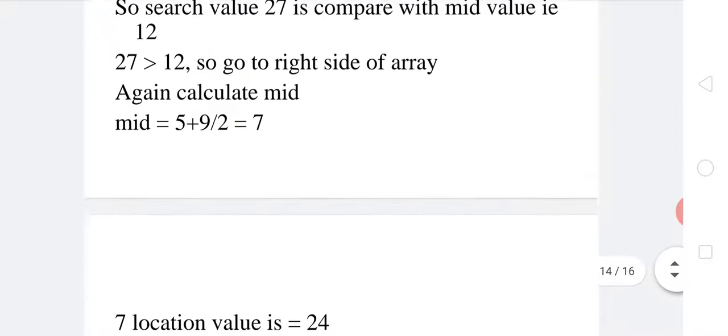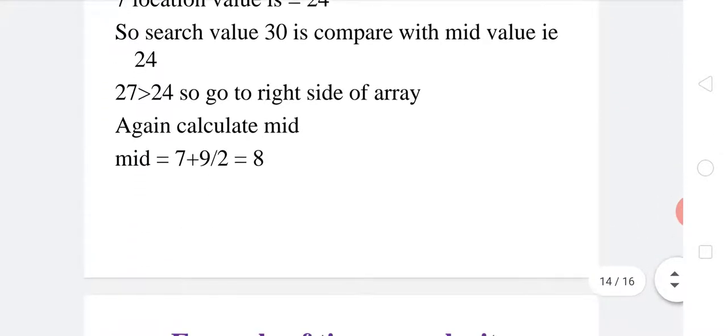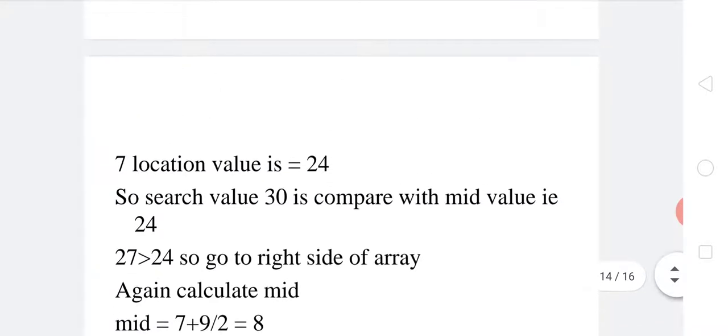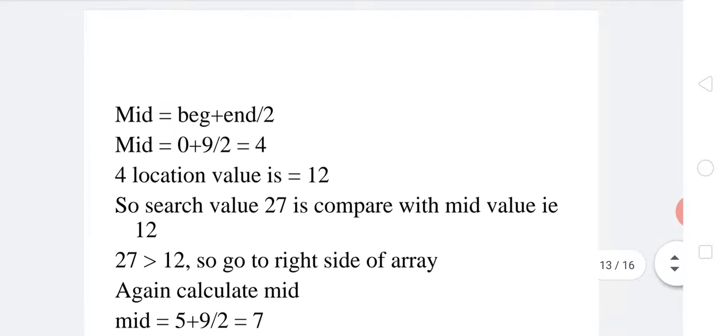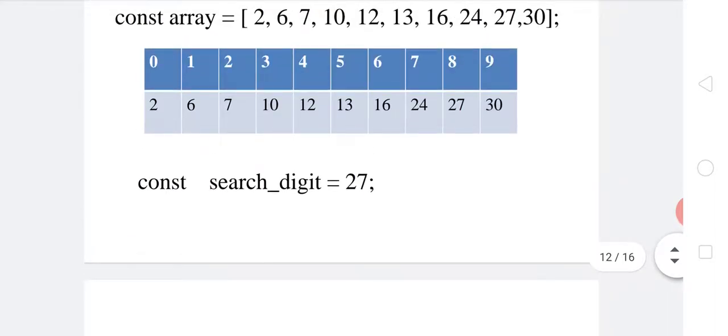Now I am going to compare the search number: 27 is equal to the mid value 27. Yes, the number is found. The search value is every time compared with your mid value.